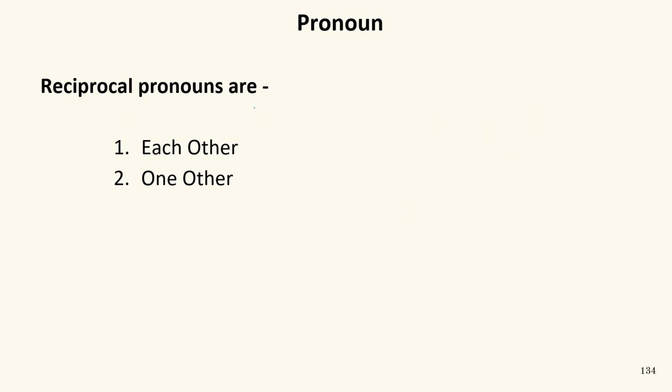For example, there are two types of reciprocal pronoun, each other and one another. The basic difference is each other is used only for two persons or things. But when we talk about more than two, we use one another for more than two persons or things.